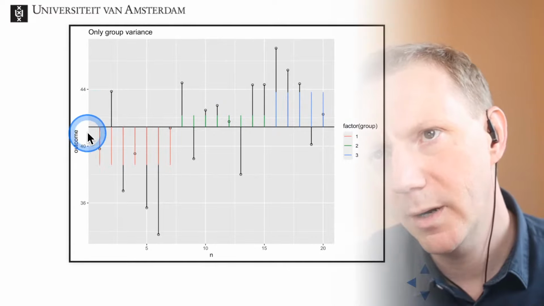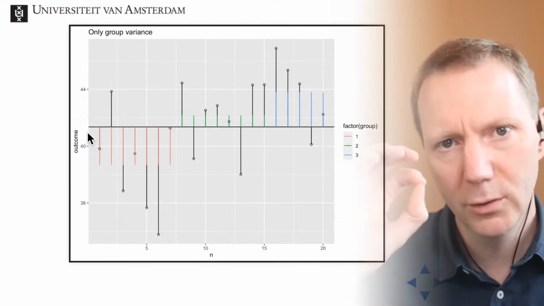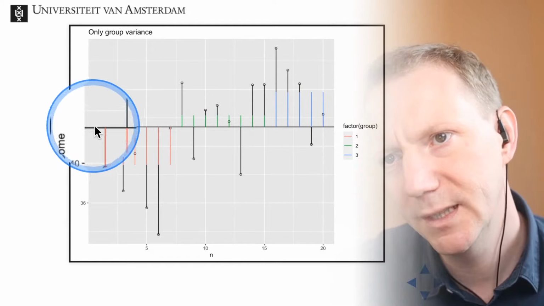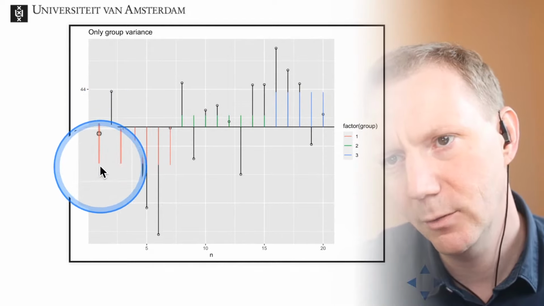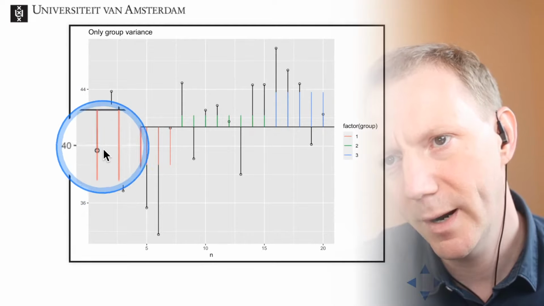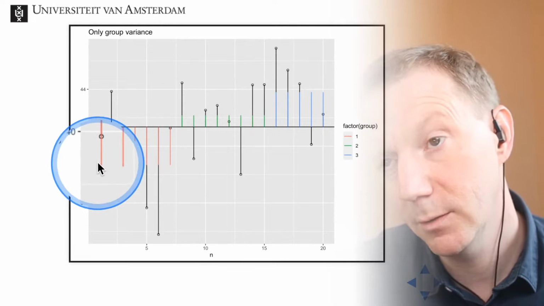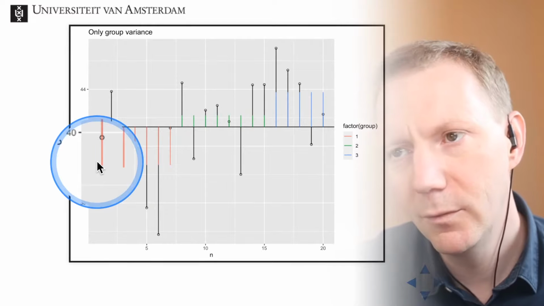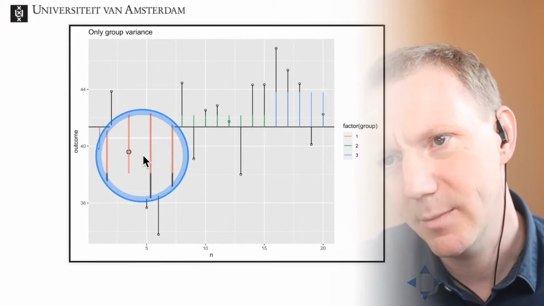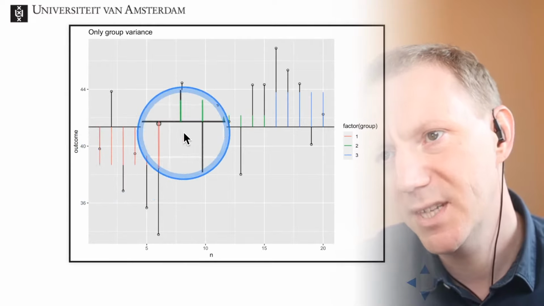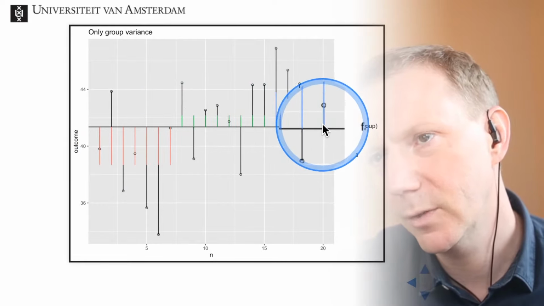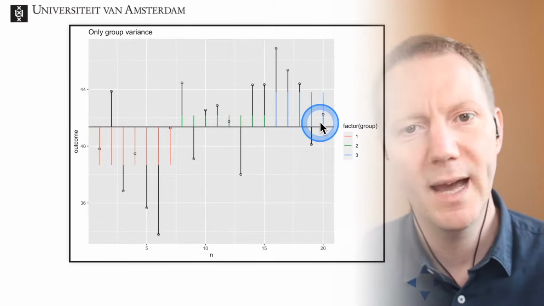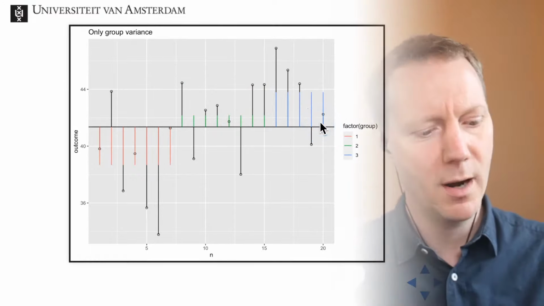So the explained part for the group model is the distance between the total mean and the group mean. And if we square the distance, the red vertical lines here, and add them all together, and do the same for the green ones and for the blue ones, for the Germans and for the Belgians, then we have our sums of squares for our group.